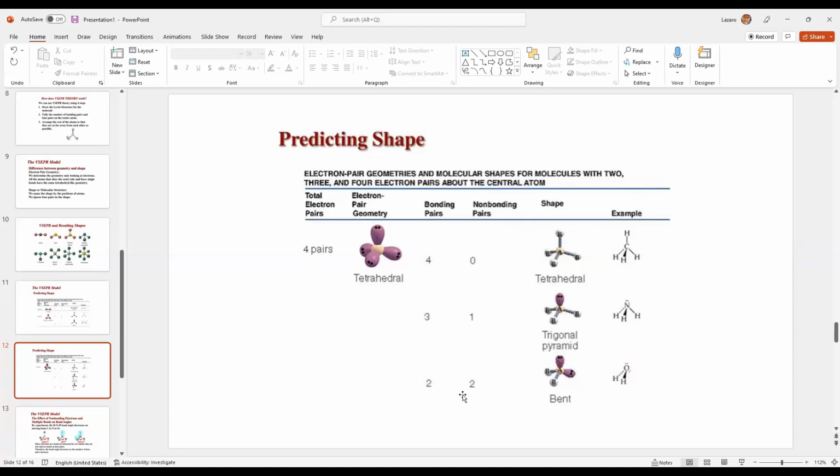But if you have 2 non-bonding pairs, then it will be bent. Remember that the number of non-bonding pairs in the central atom is very important in order to know the shape of the molecule.